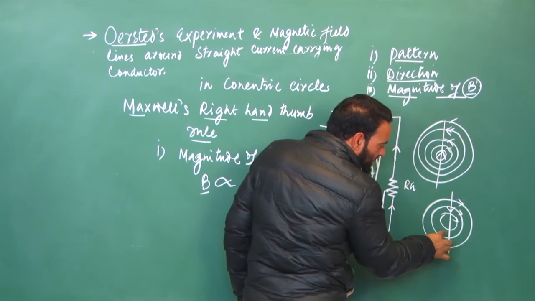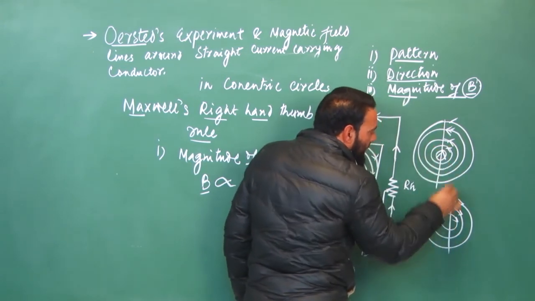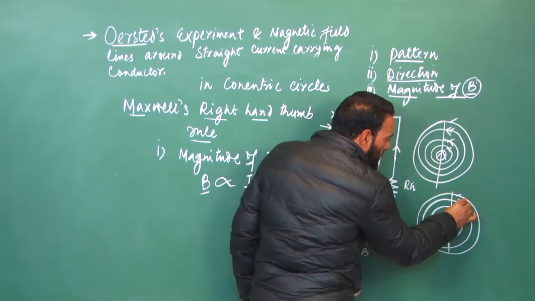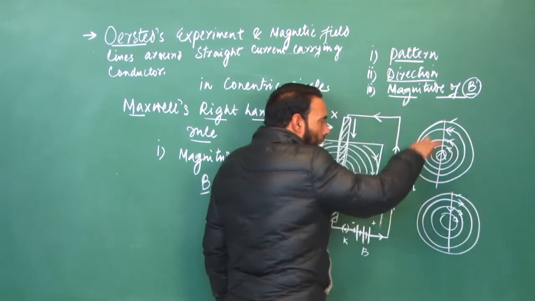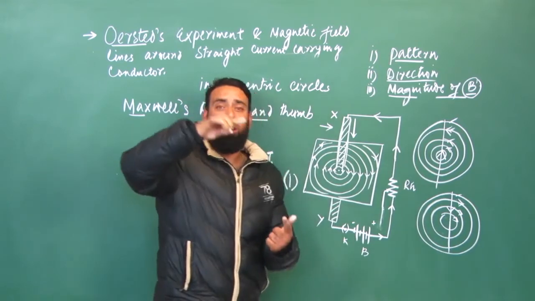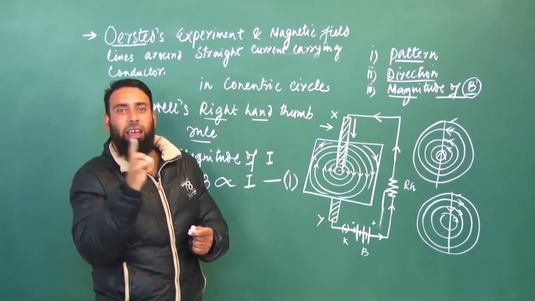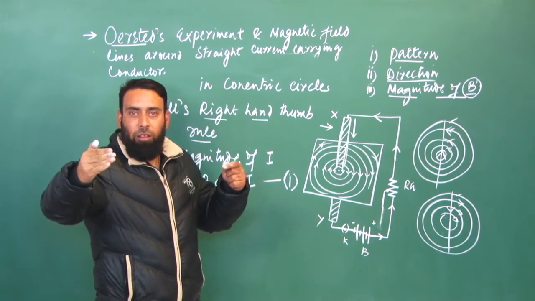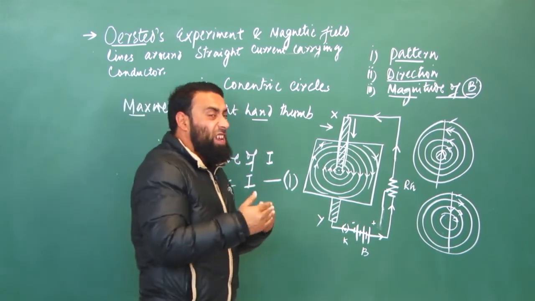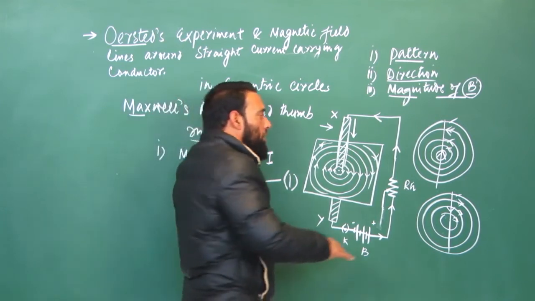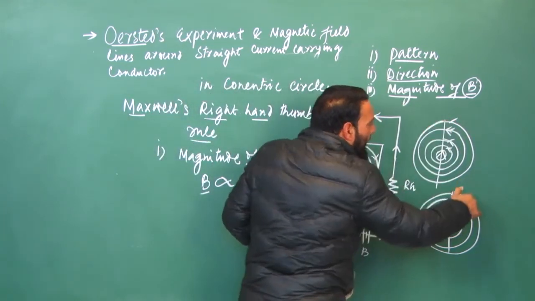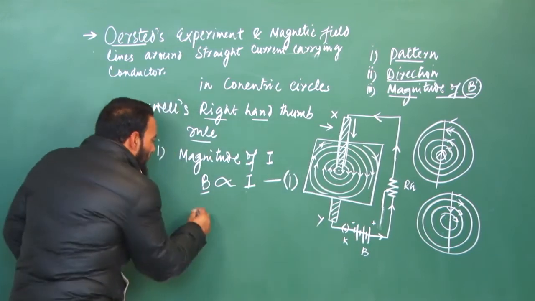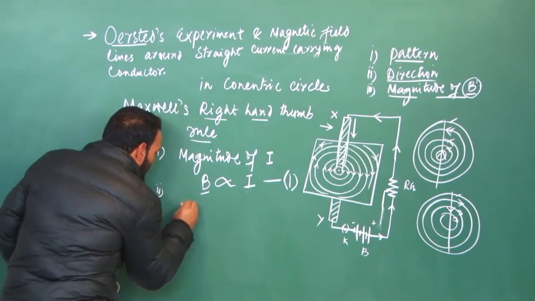In this smaller conductor, we find only 4 magnetic lines of force. So as the length of the conductor increases, the magnetic field lines around it also increase, because the region of the magnetic field increases. As the number of magnetic lines of force increases, magnetic field strength also increases. So the second factor is the length of the conductor.